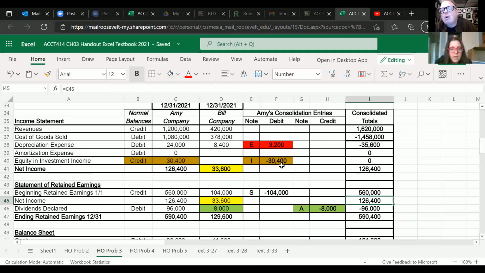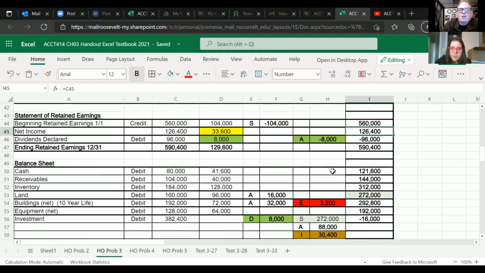And then we've got that minus the 8,000 for dividends. The 33,600 matches here and subtracts out, so that's why this would equal there.